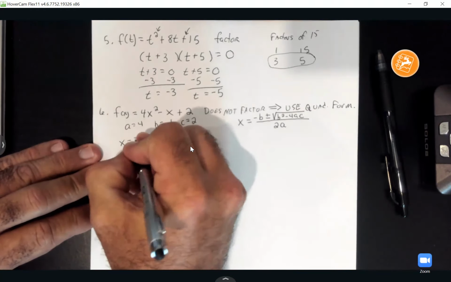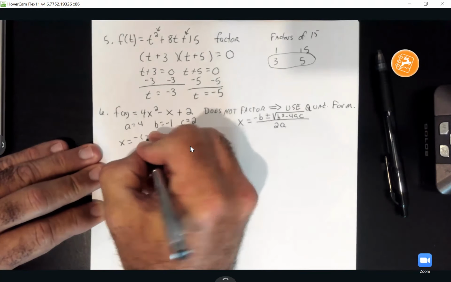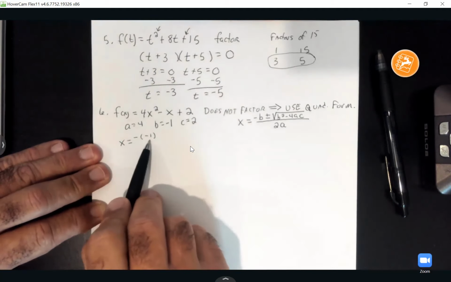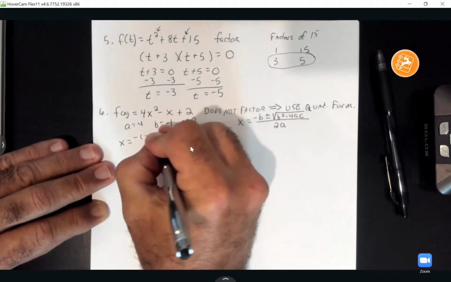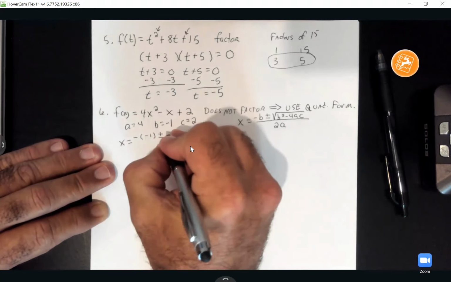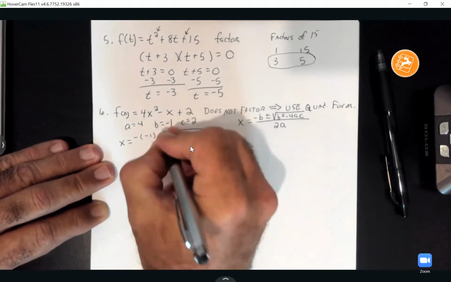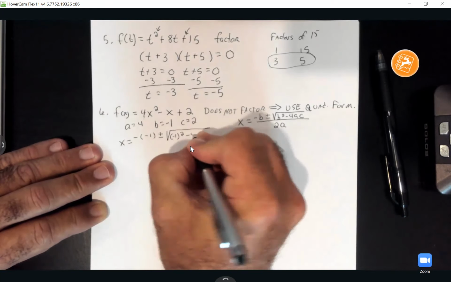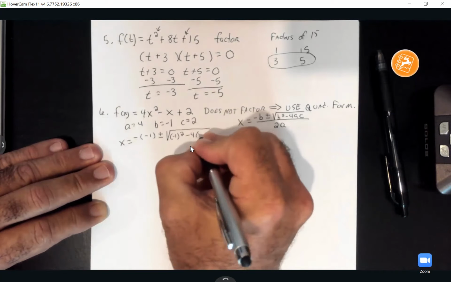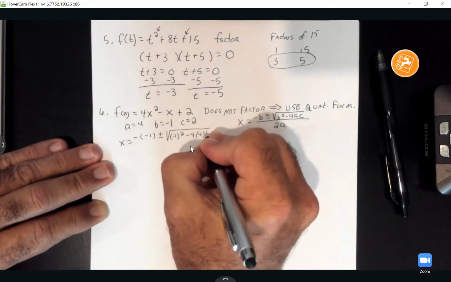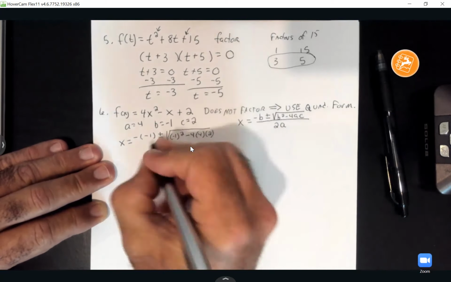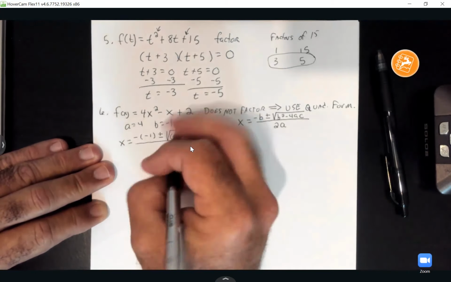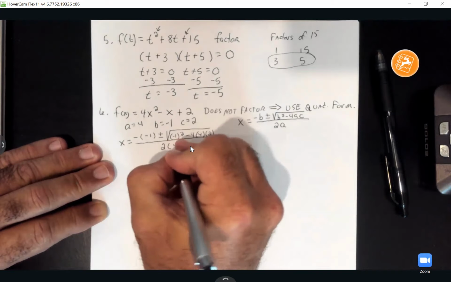So we got negative times -1. So it's a negative B, which is -1, plus or minus a square root of -1 squared minus 4 times A, which is 4, and C, which is 2. All that over 2 times A, which is 4.